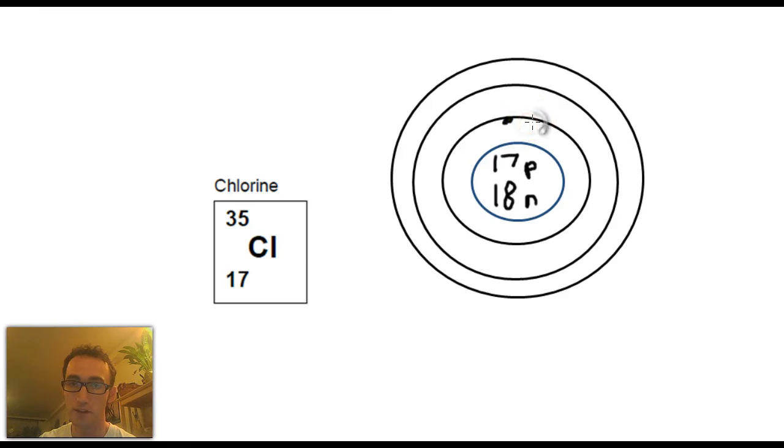So we'll start putting some here. Let's try that again. Okay, so there's 2 electrons. And remember, now we have to go to the second energy shell. So here we go. Okay, so now we have 10 electrons altogether, so we need 7 more.